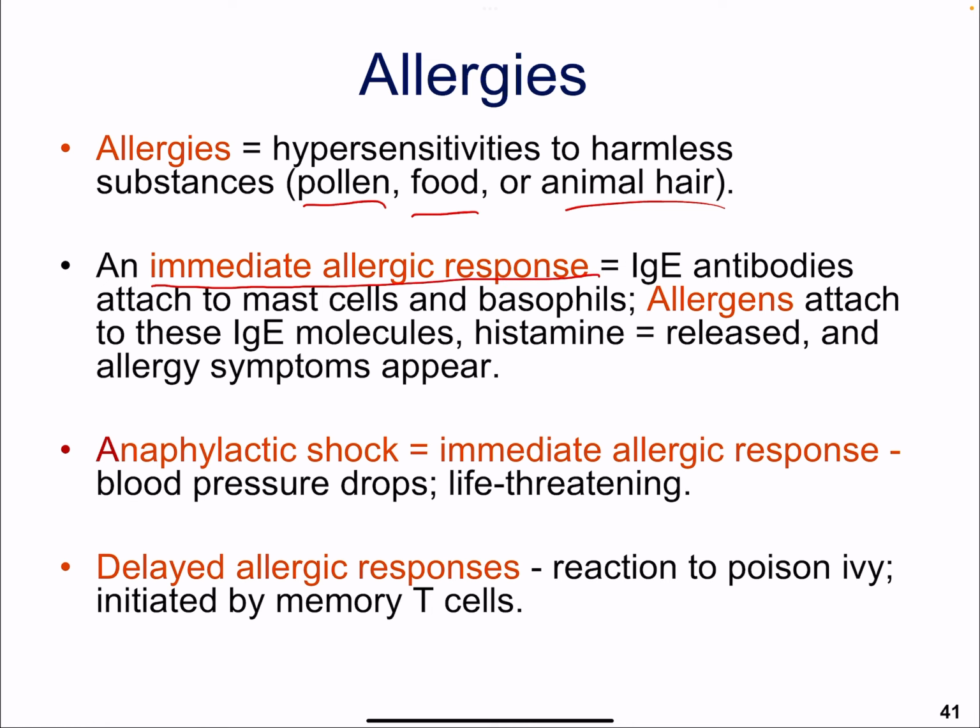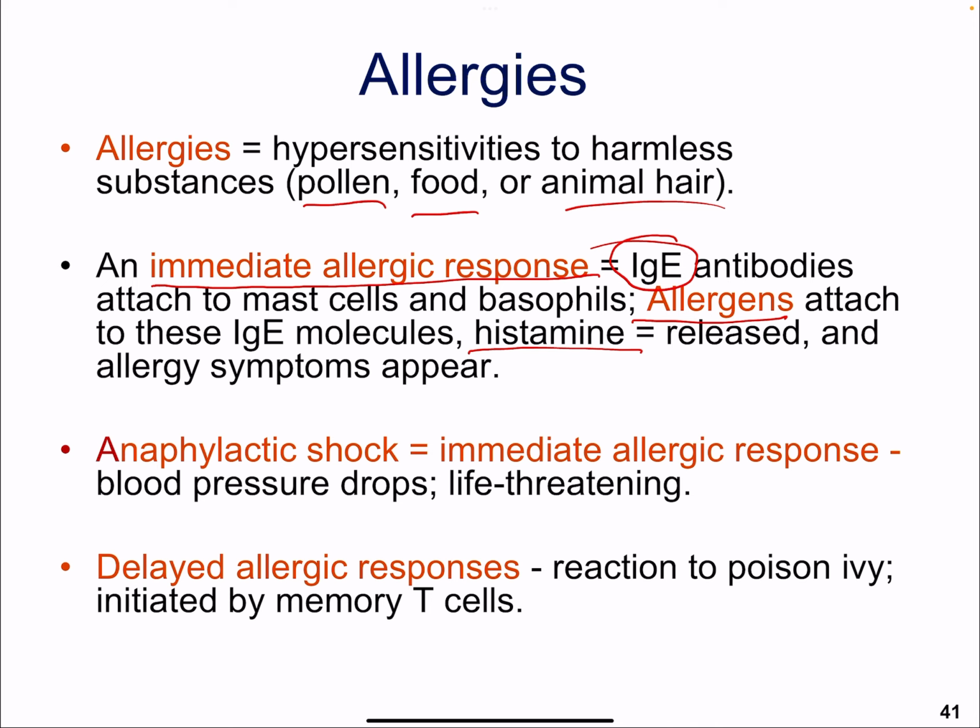That immediate allergy response is caused because of IgE antibodies, which are attached to the mast cells, and the basophils are actually responding to allergens by releasing large amounts of histamine, and that release of histamines is going to cause an inflammatory response that is very specific, that is very typical of allergies, right?